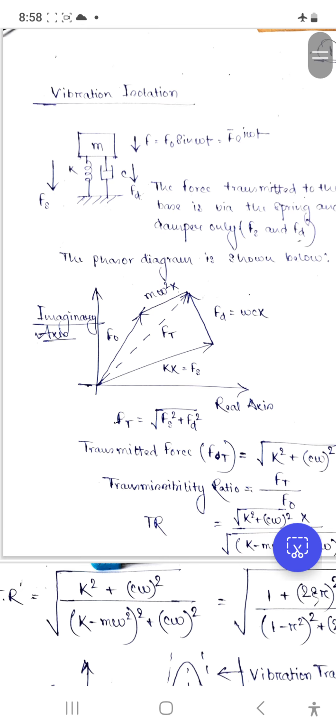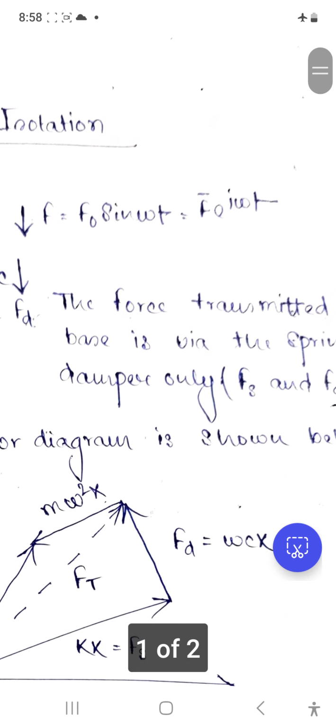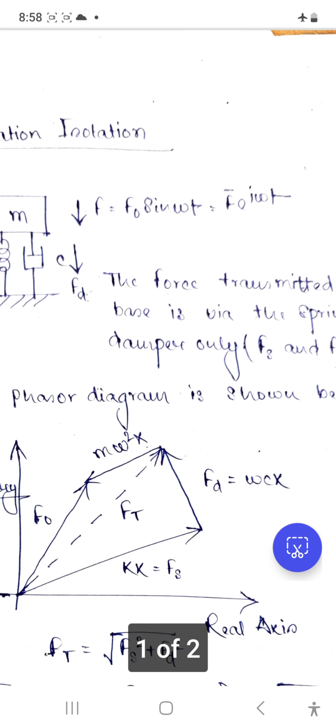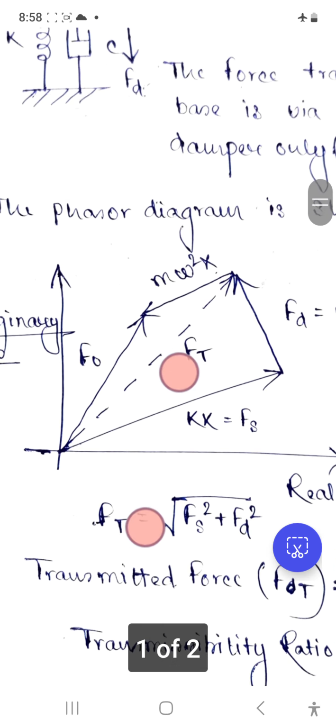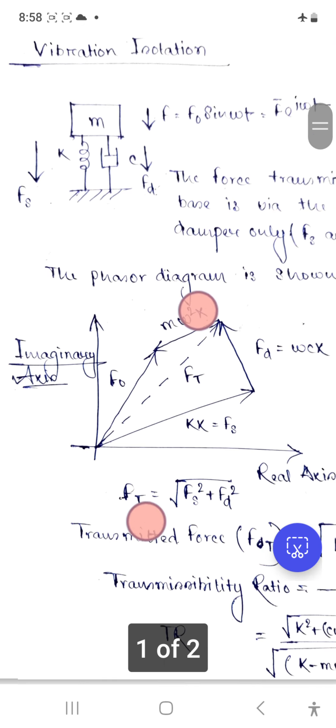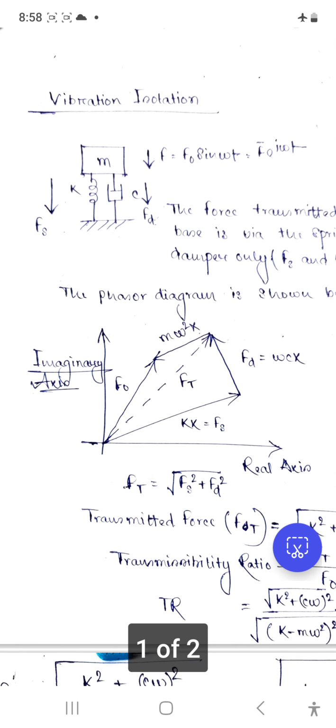Depending on the nature of the forcing function, we shall decide what sort of solution to assume. Based on that, the magnitude of the spring force will be K capital X. So Fs is K X. In the phasor diagram, this angle which I have not shown may be theta or phi, a certain angle, and I shall give it an arrow like this.